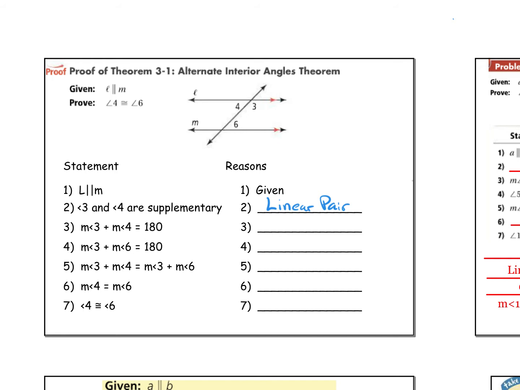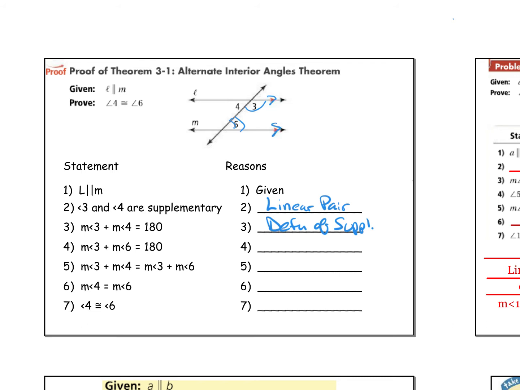Now, 3 and 4 add up to be 180 because of the definition of supplementary. We have that in the previous line. And then 3 and 6 add up to be 180 because... Now, how are 3 and 6 related in this diagram? They are same side interior. We were given that lines are parallel.